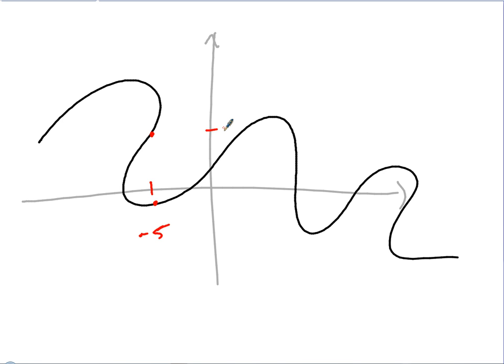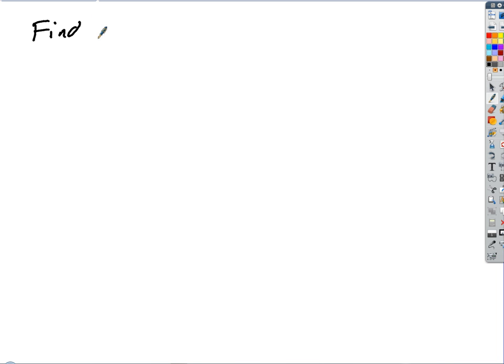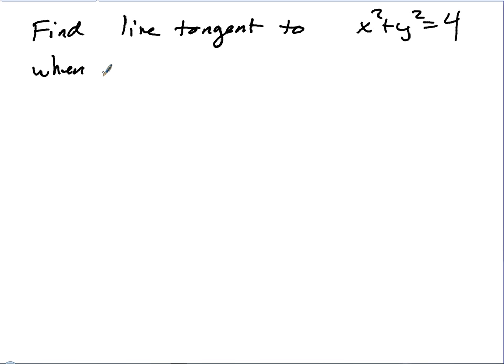Let's try one like that. Find the line tangent to the relation x squared plus y squared equals 4 when x equals square root of 2.